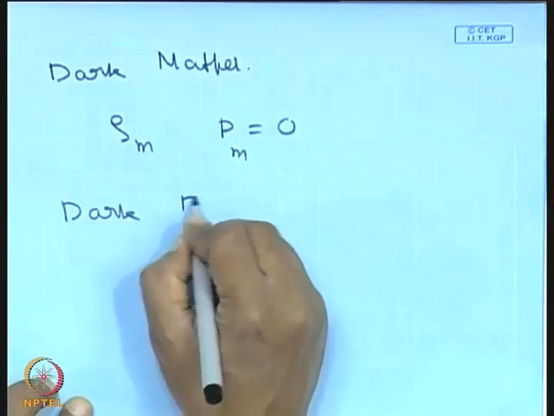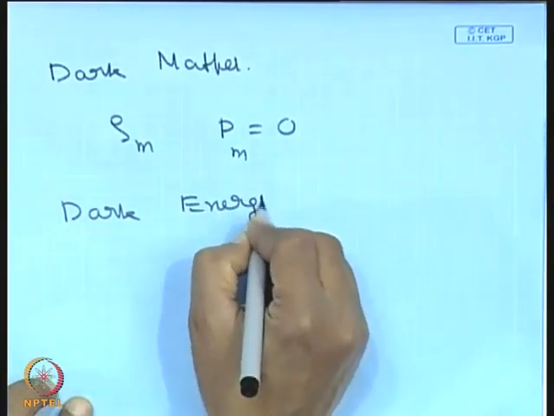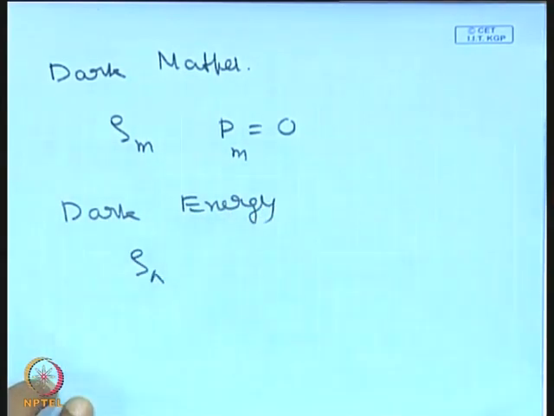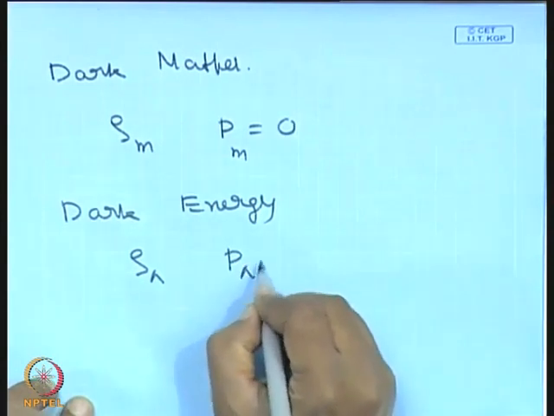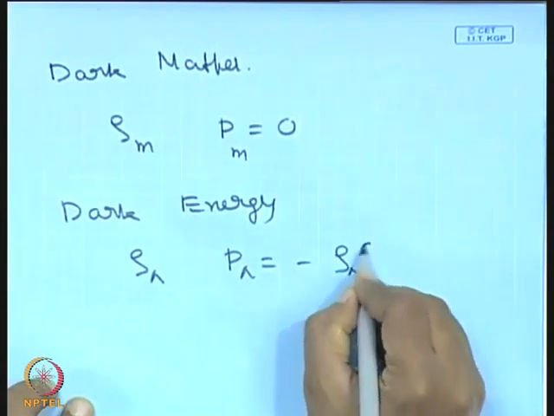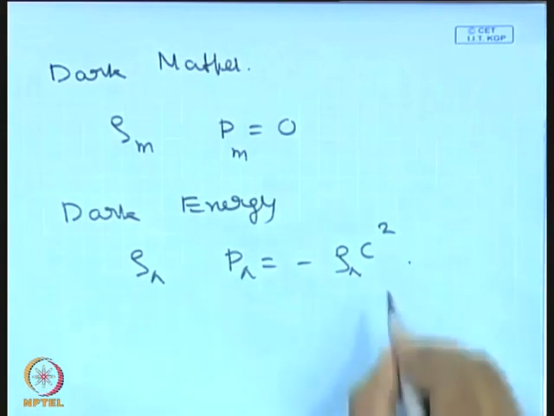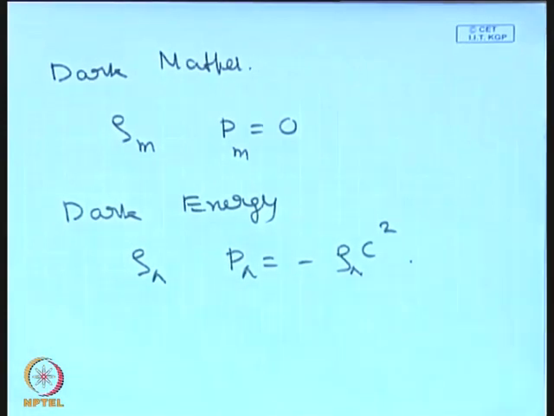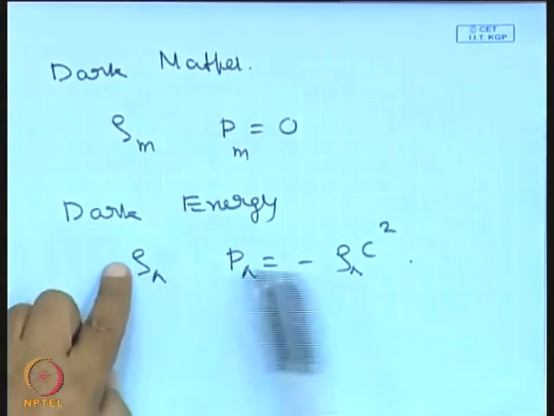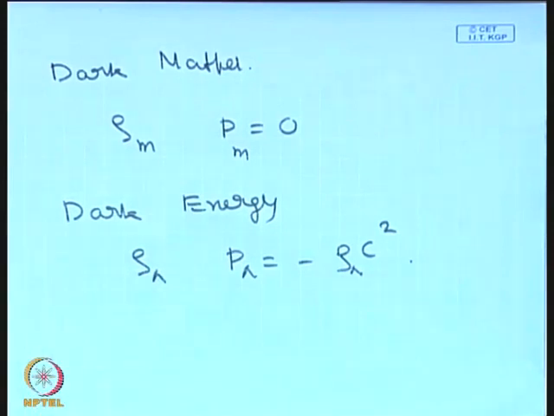Dark energy is again something which you don't see, whose pressure is minus rho lambda c square. Okay, and this is required to explain the supernova data, for example.